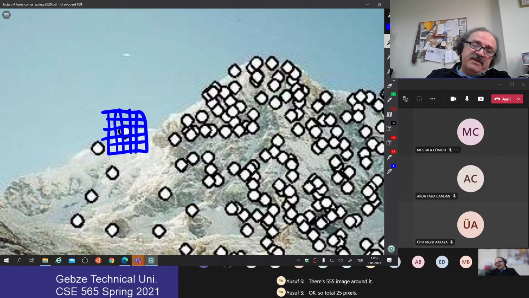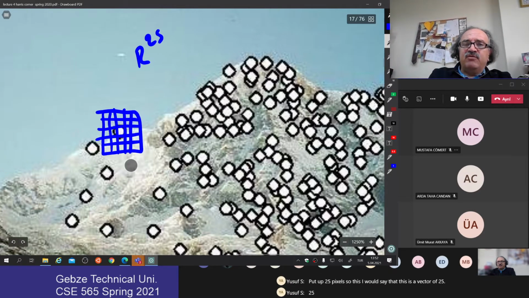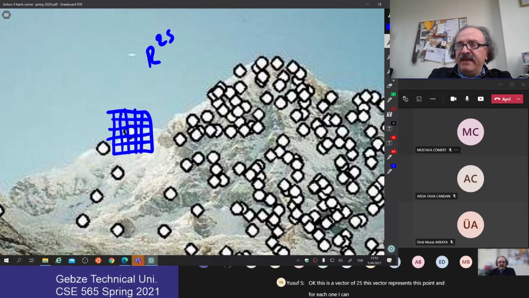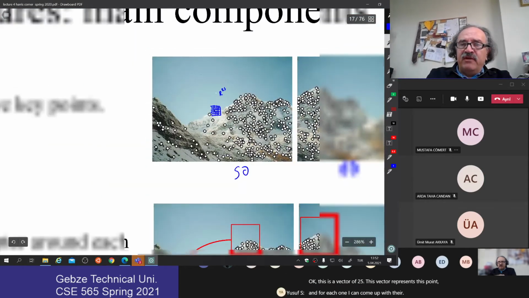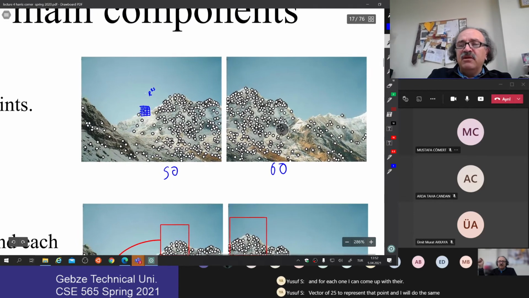I would say that this is a vector of 25. This vector represents this point, and for each point I can come up with a vector of 25 to represent it, and I would do the same thing here too.